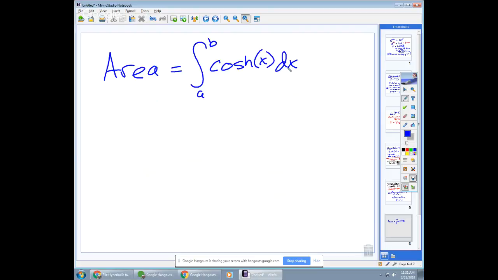Now I'm going to perform a little algebraic magic, based on the Pythagorean identity for hyperbolic sine and cosine. If you consider that formula I had a minute ago, it's the cosh squared minus the sinh squared. That means if you isolated the hyperbolic cosine, it's 1 plus the sinh squared.